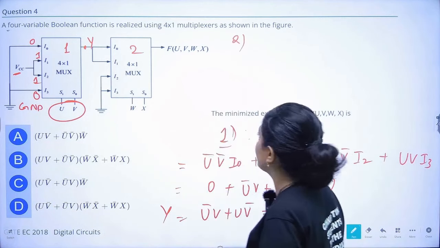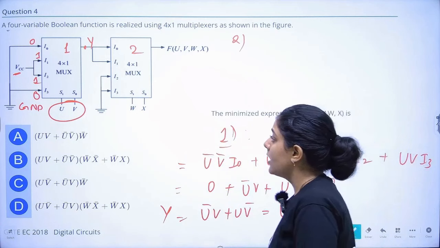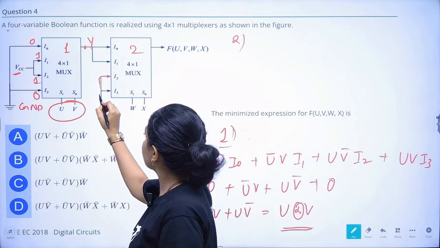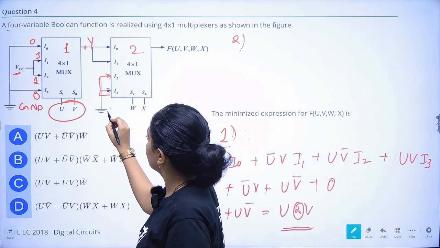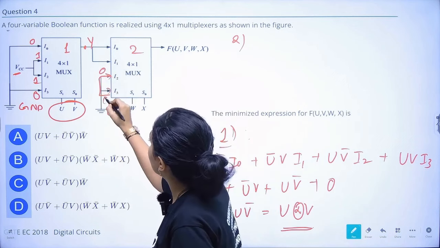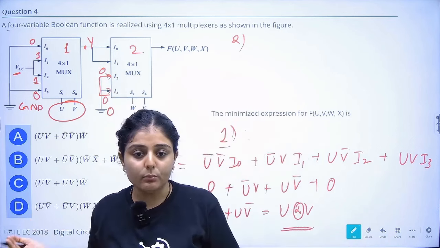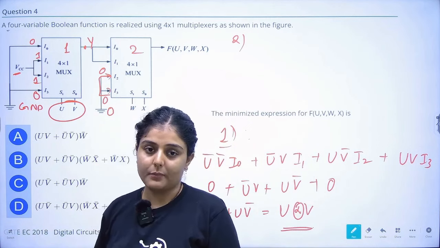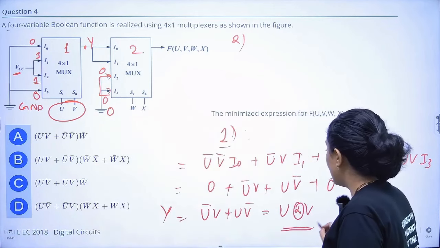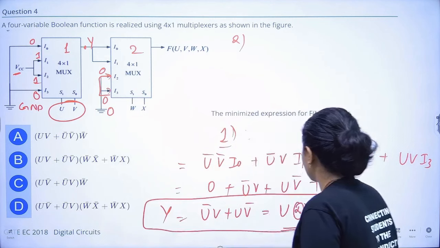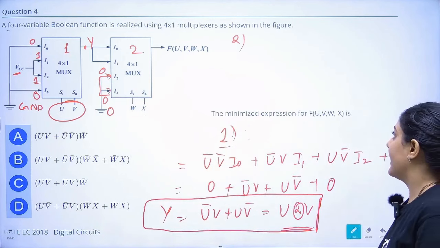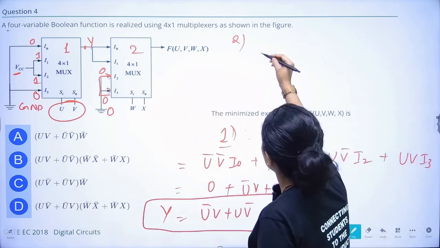So mux number 2, I'm solving it here. Now for mux number 2, you can see I2 and I3 are logic 0, and I0 and I1 are provided by the output of the first mux, which is Y, which we have already calculated, equal to U OR V, right? Let's just solve for the second one.